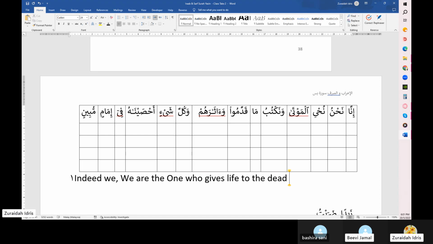Both this and the imat will have the same translation. The imat is the tawkid, the fasl, the one that separates. Indeed, we are the one who gives life. Or if it's just for emphasis, repetition, we may not need it. What do you think?